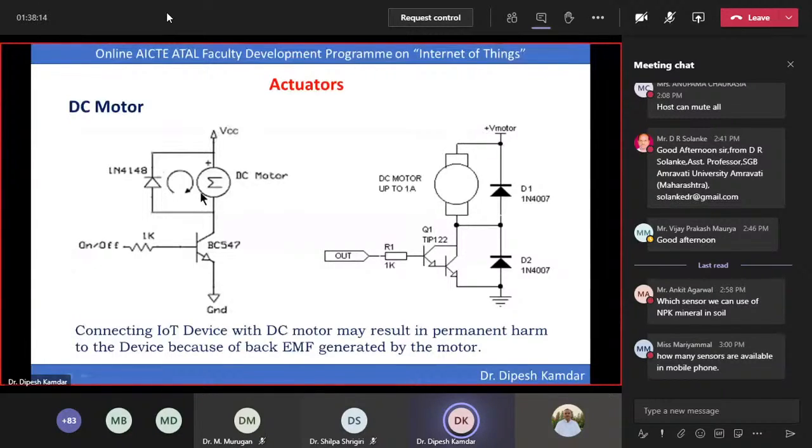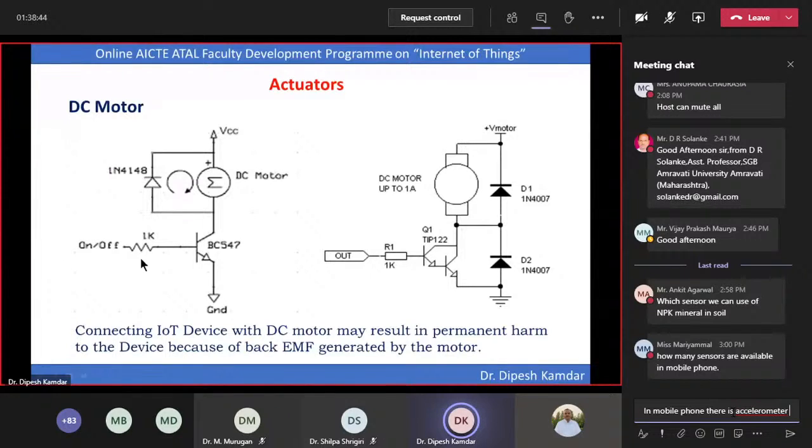You can give a pulse here. A BC547 transistor is used. If you give a logic 1 here through the 1K resistor, it will turn on and provide the path. So VCC is now connected with the ground through the BC547, which is turned on by providing logic high on the base terminal. So the motor will start rotating.